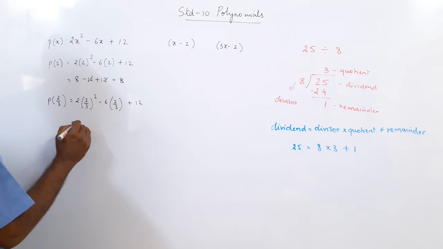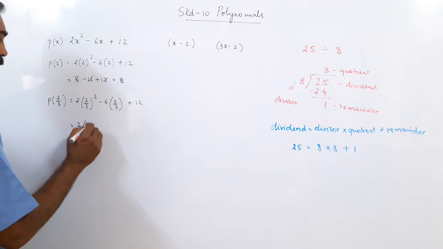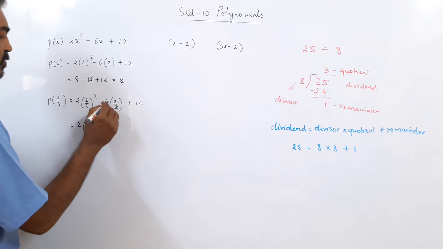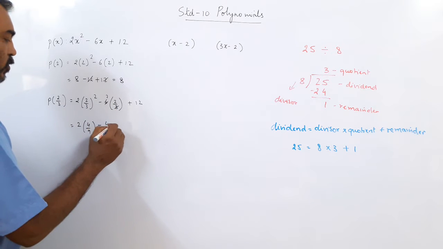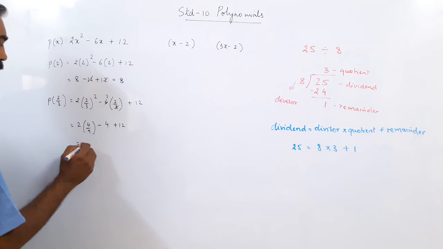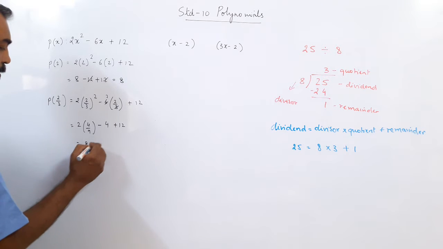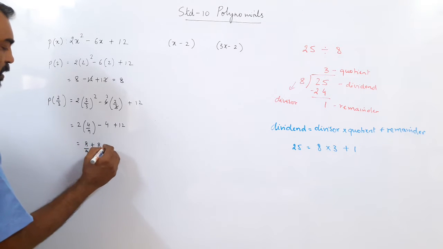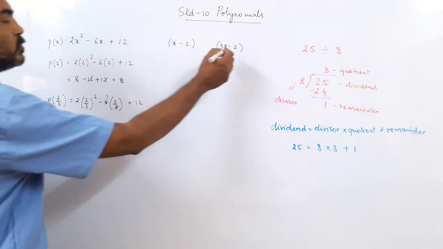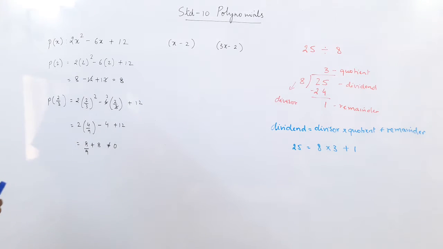So we have got 2 into 4 by 9 minus 4 plus 12. So we got 8 upon 9 plus 8, whatever it is, not equal to 0. So this is also not a factor of this polynomial. This is very easy to check, right?